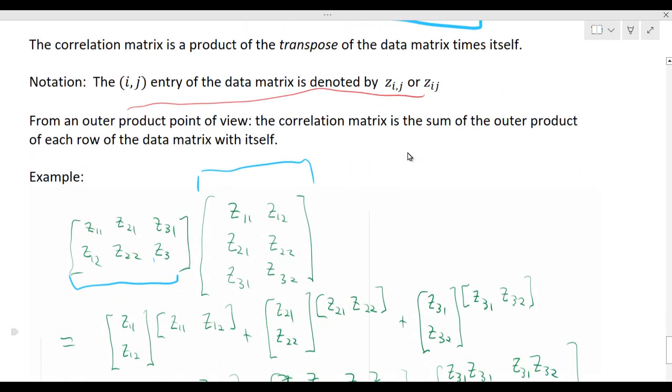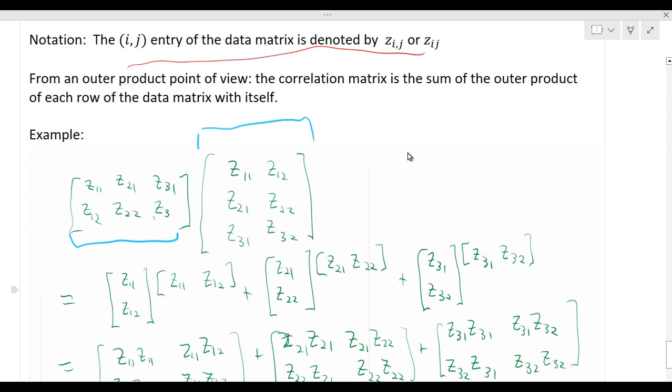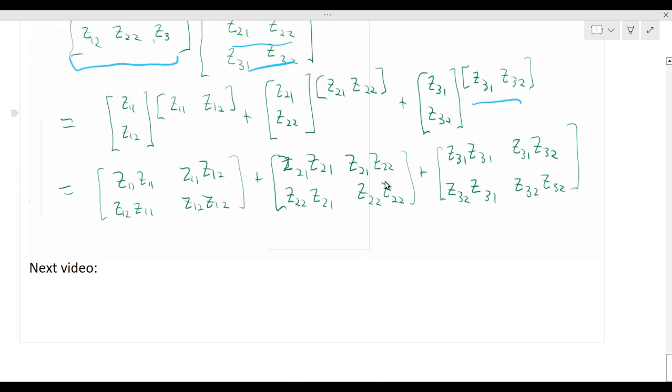First outer product takes the data row, the first data row, and outer products with itself. Second outer product takes the second data row, outer products with itself. Third data row, outer product with itself. And I can write out these outer products the same way as before. If you remember, the way this works is that the diagram looks like this.